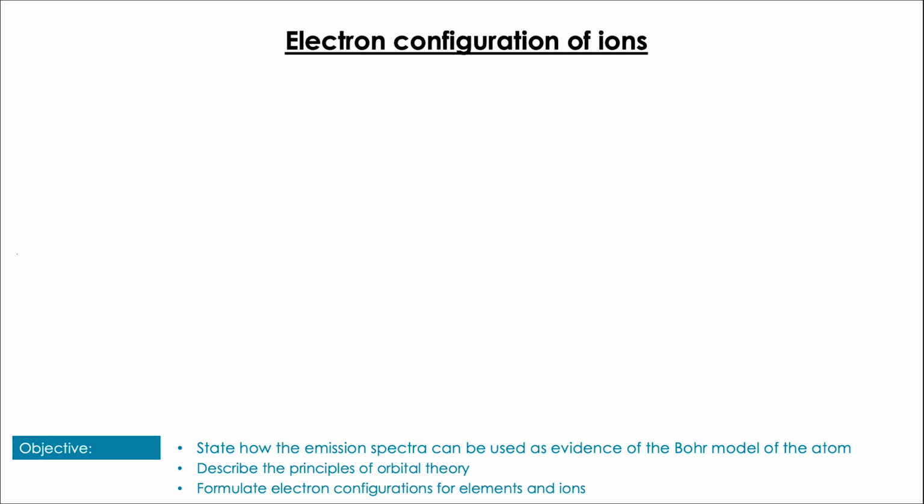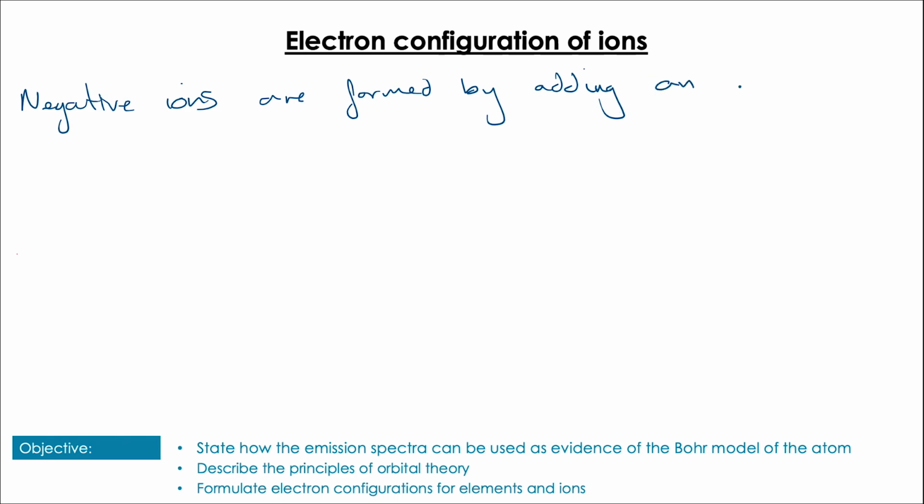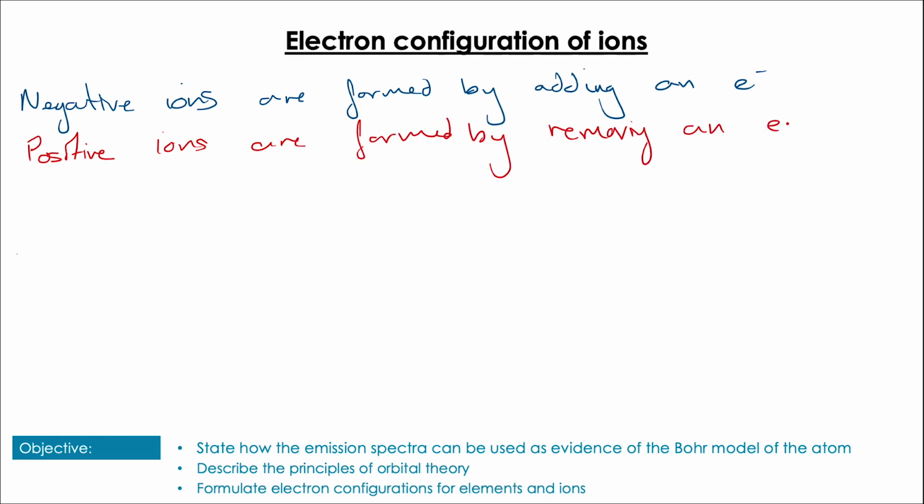So when we do the electron configuration of ions, we need to consider that negative ions have obviously gained an electron, they've become more negative, and positive ions have become more positive by losing an electron. So when we consider their electron configuration, we need to adjust the electron configuration notation accordingly.